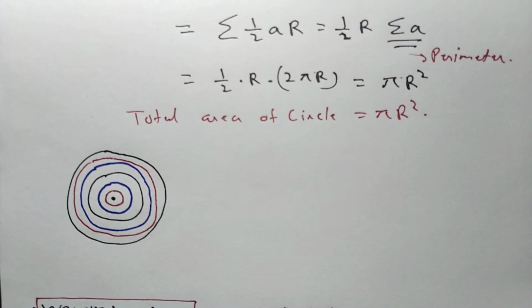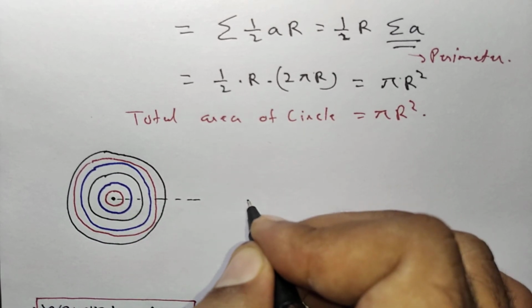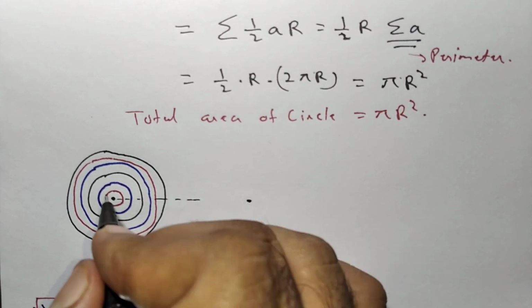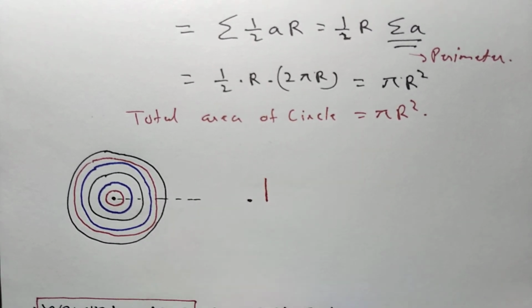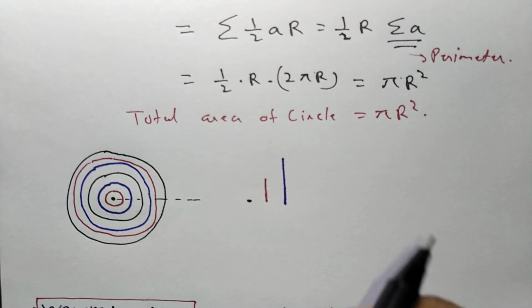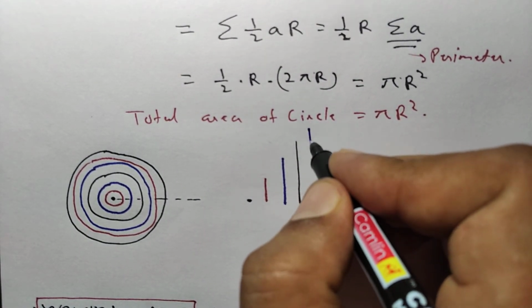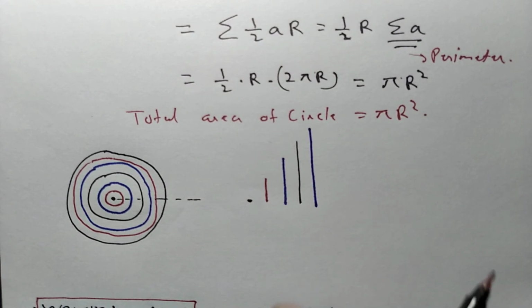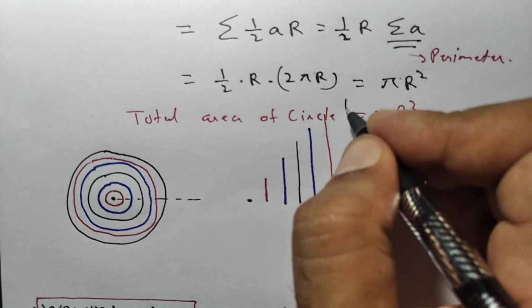Now if we draw this as a rectangle, then this point will come as a single point, and this circle will come like this, a line. Then this blue circle will come as a big line, then black as another big line, then red as another big line, and then we have red one more big line, and black one more big line.